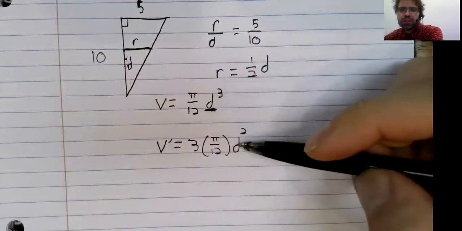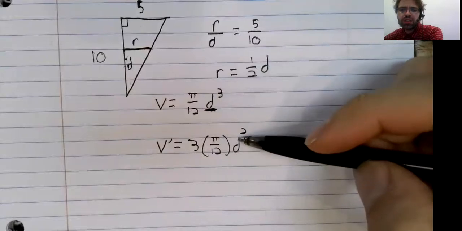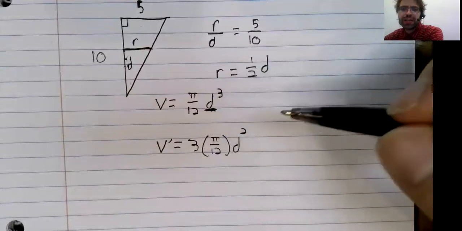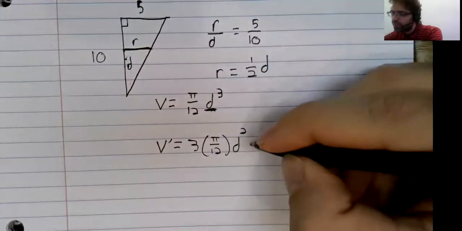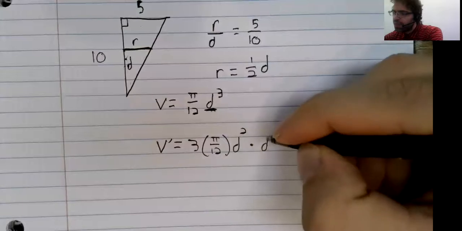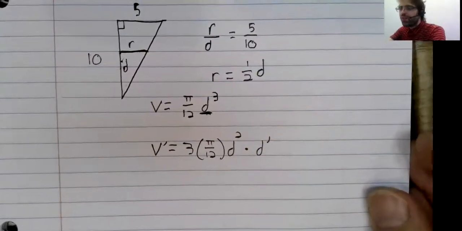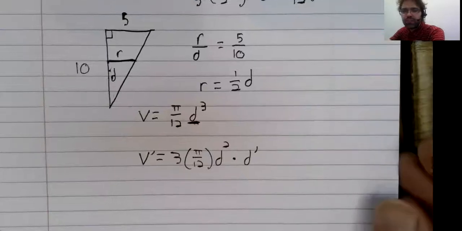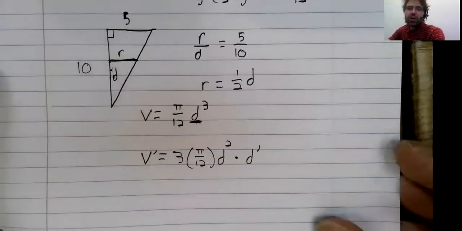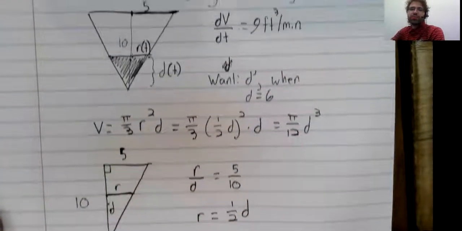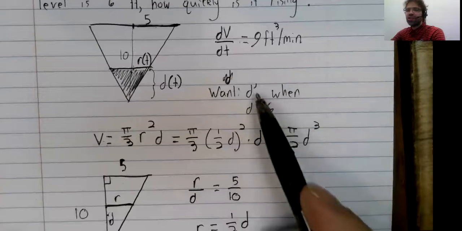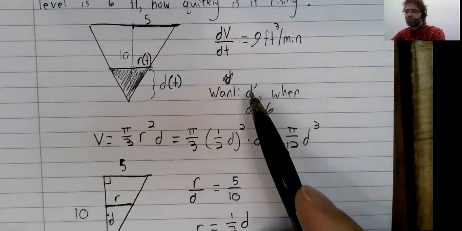We took the derivative. We stuck the inner function in it. Now we need the derivative of the inner function. And a good thing too, because this derivative is what we're trying to find.